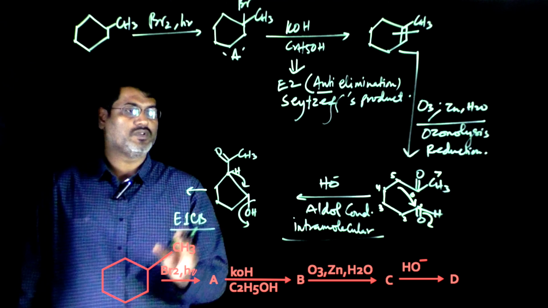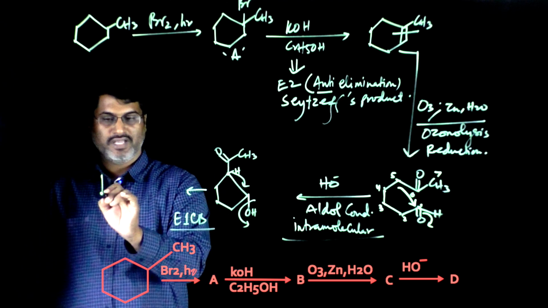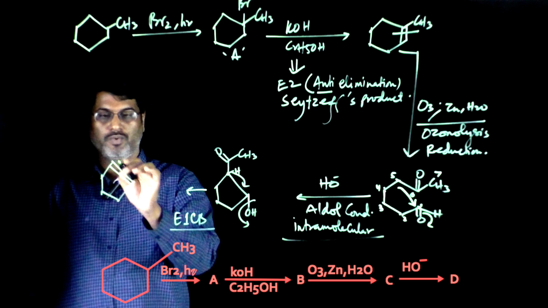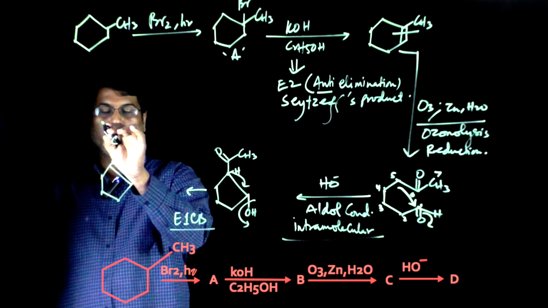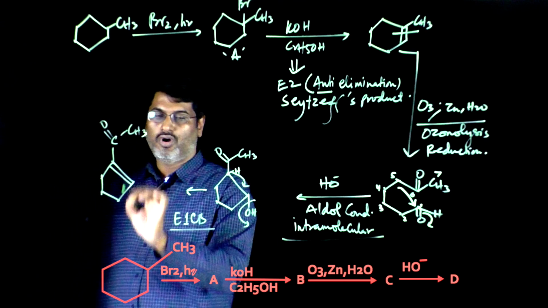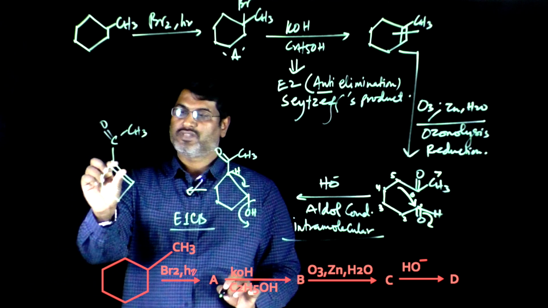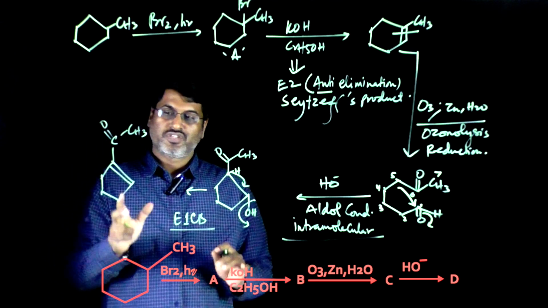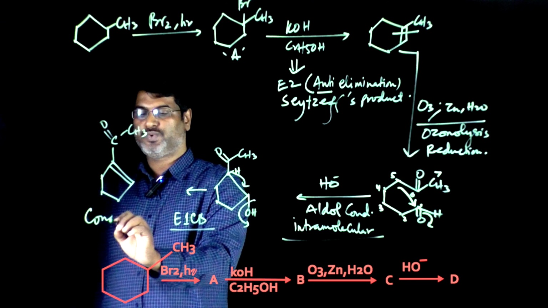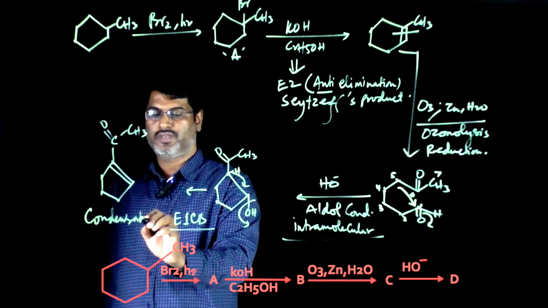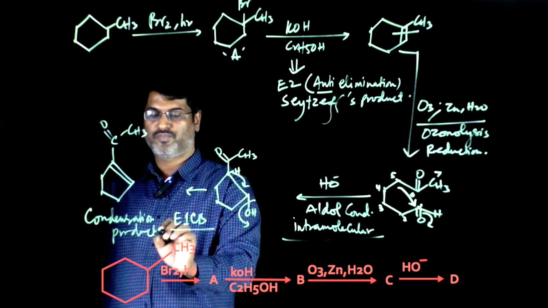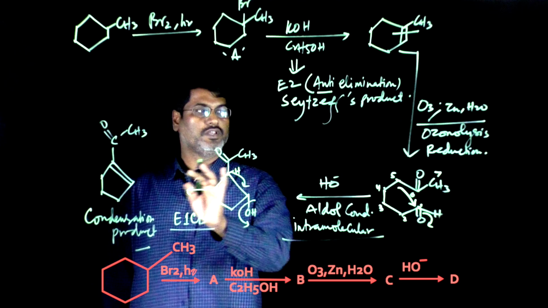And through this E1cB, the dehydration takes place, and so the final product is now the double bond here, C double bond O, and there the CH3. This is always an alpha beta unsaturated product. This one is the condensation product that forms here in this case. This is the final product.